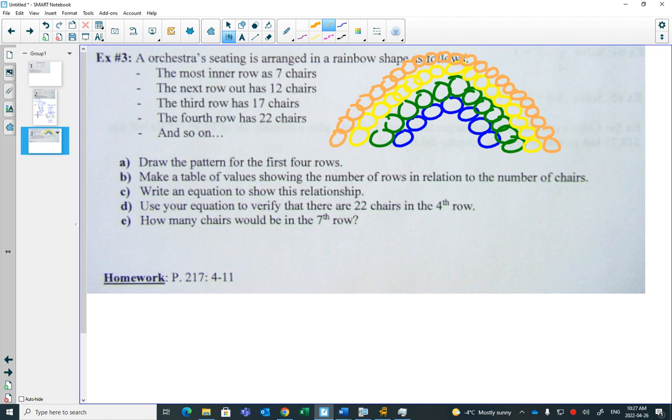I got blue at the bottom. It should be red at the top. Oh, I forgot the violet. The violet would be there. I just drew the middle part because we don't have the red either. That looks so pretty.